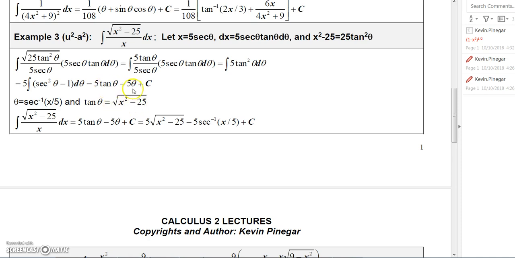So then you can replace theta here with that arcsecant, and you can replace tangent theta with this radical, and so your final answer would be 5 times this square root minus 5 times this arcsecant plus a constant.